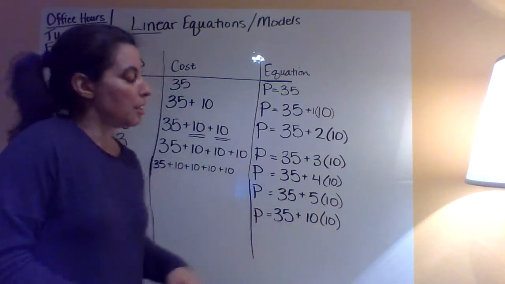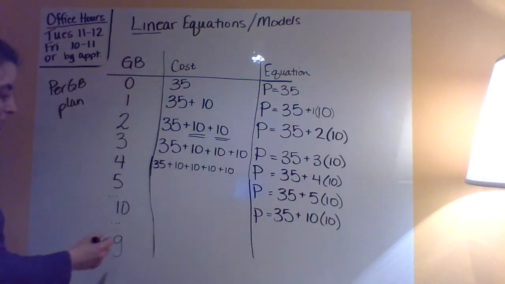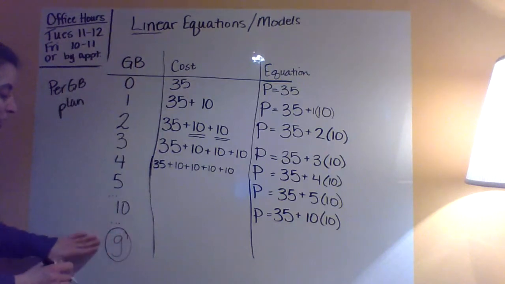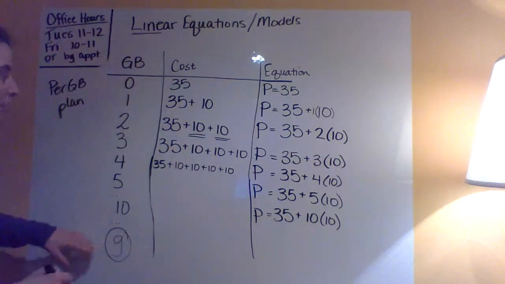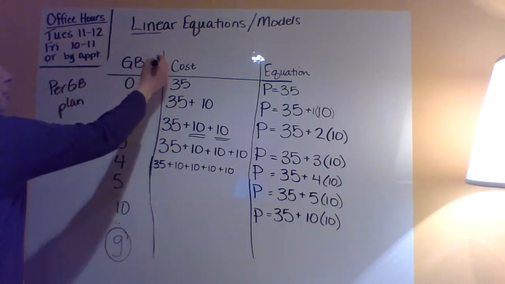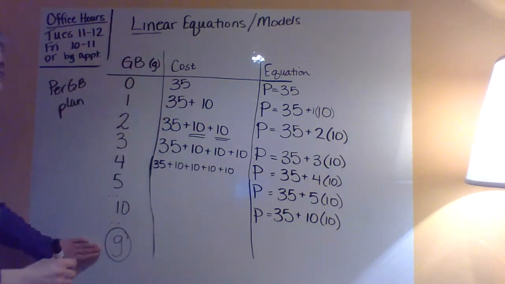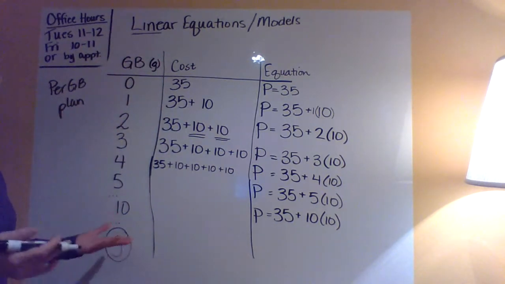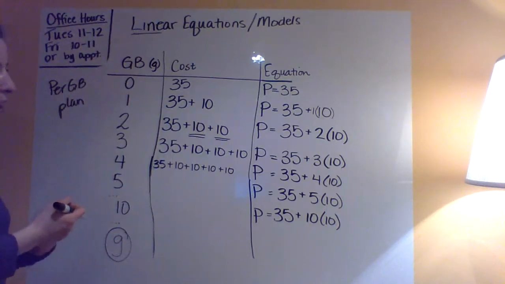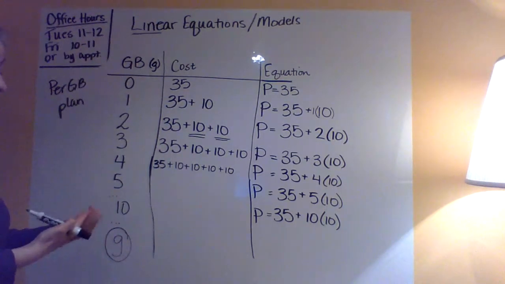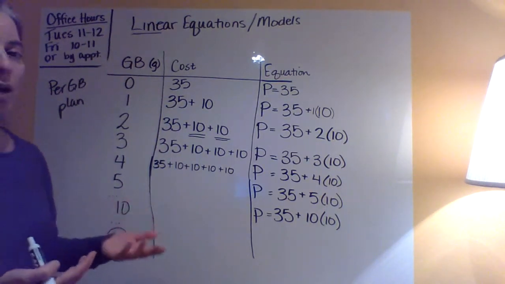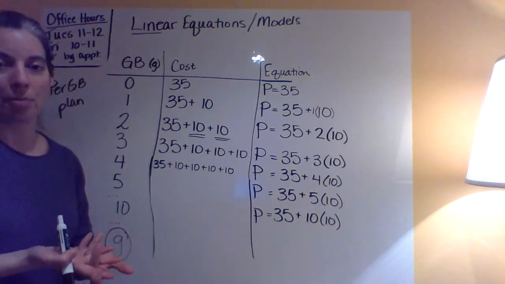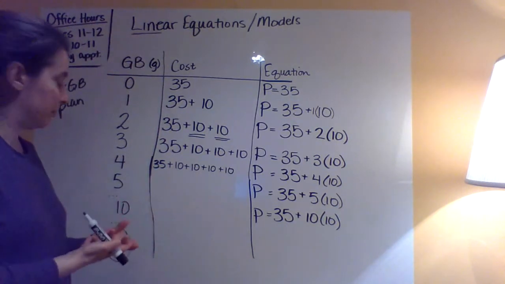Okay. Now, what's the meaning of this G over here? Well, this is our variable. It stands for how many gigabytes. And this would be if I don't know how many, right? I want to be able to figure out my equation, my price, no matter how many gigabytes I have. We talked about formulas in the last module.